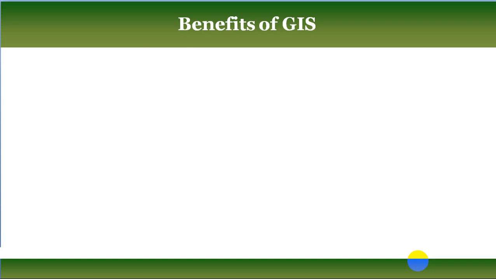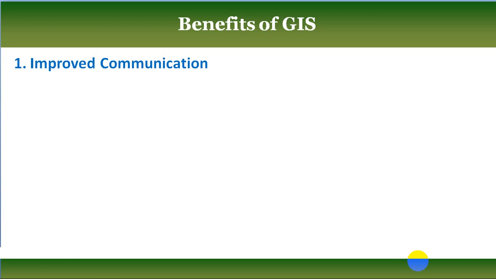GIS benefits organizations of all sizes and in almost every industry, and there is a growing interest in and awareness of the economic and strategic value of GIS. Every day the economic and strategic value of GIS is growing. Industry understands the benefit of GIS, so industries of any size are nowadays using GIS.